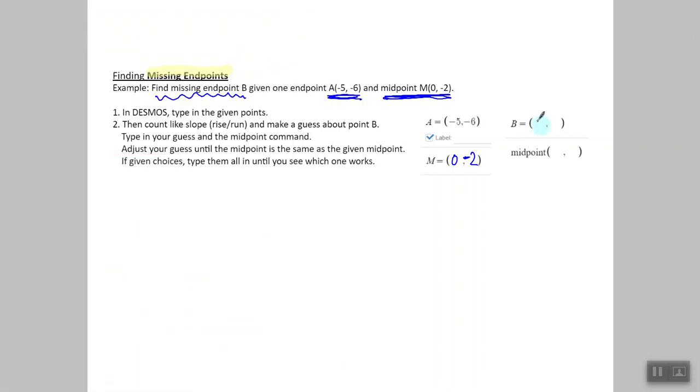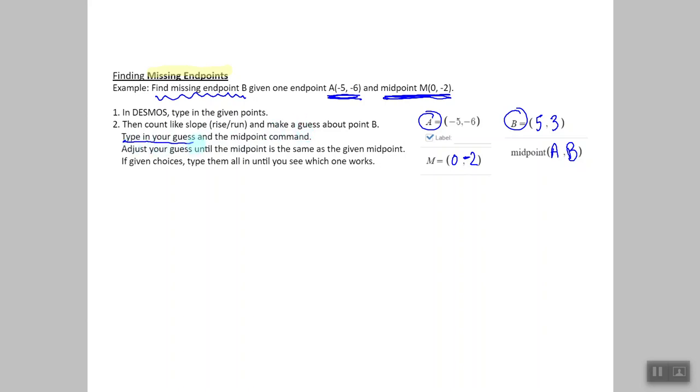We guessed that endpoint B was 5, 3, and then we typed the midpoint of the two endpoints A and B. We typed in our guess and the midpoint command.